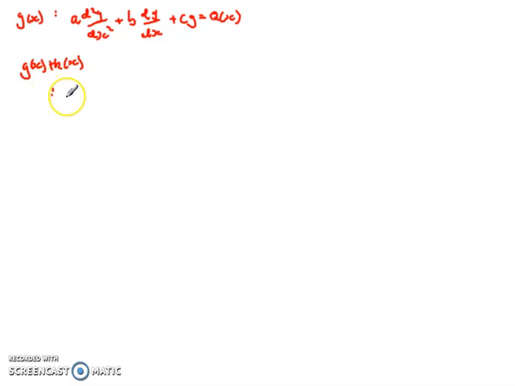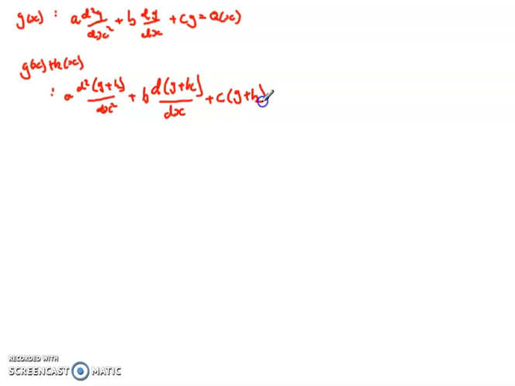What that then means is if we substitute them into the form of our equation, we get a d2 of g plus k by dx squared plus b of d of g plus k by dx plus c bracket g plus k, and that equals q of x. What I can then do is separate these out into their specific terms involving just the g's and k's.